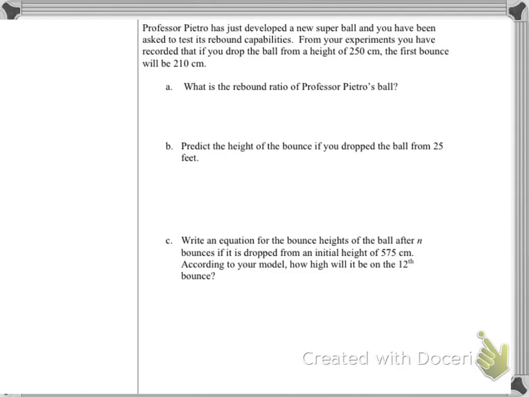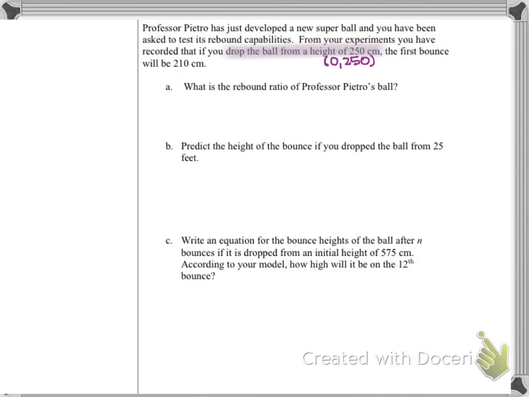All right, so here we have rebound ratio. This takes us back to first semester. We want to test the rebound capabilities from a drop height. Drop the ball from a height of 250. That means in the beginning, it was at a height of 250.